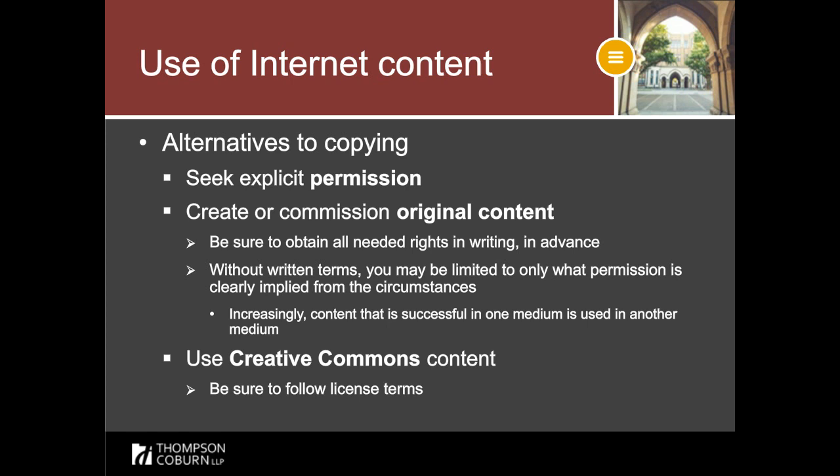And then finally, there's a whole realm of things called Creative Commons. Creative Commons is a mechanism by which some creator of copyrightable content, creative content, can designate his or her works as licensed under Creative Commons, meaning that other people can use them, but only under certain limitations.